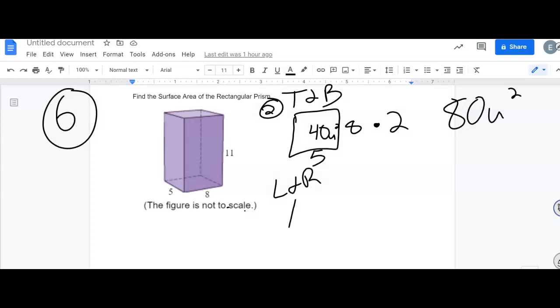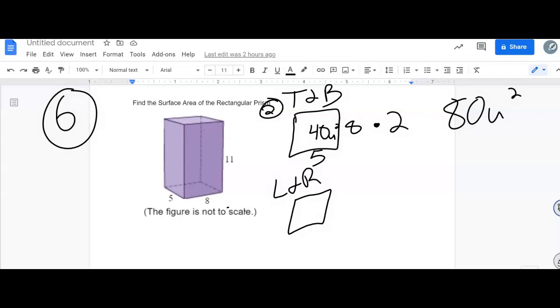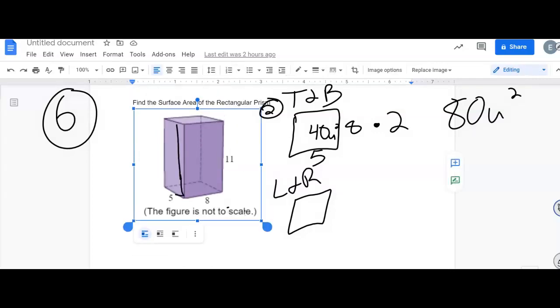What are the units for the left and right rectangle? Kaden. 5 and 11. So here, you get the point? Right there. 5 by 11. So we get 55 units squared.